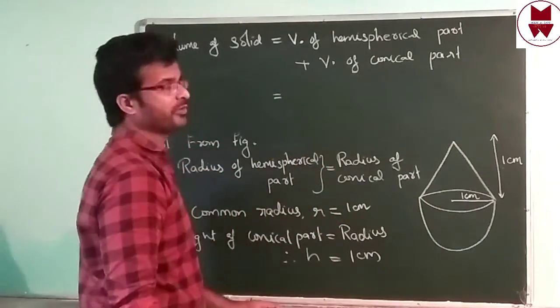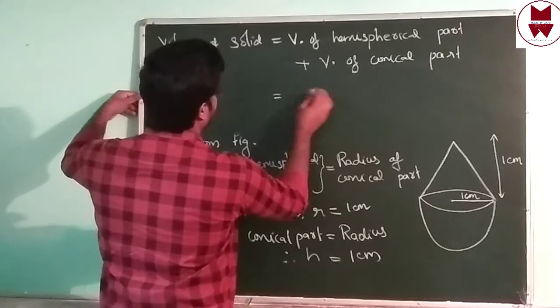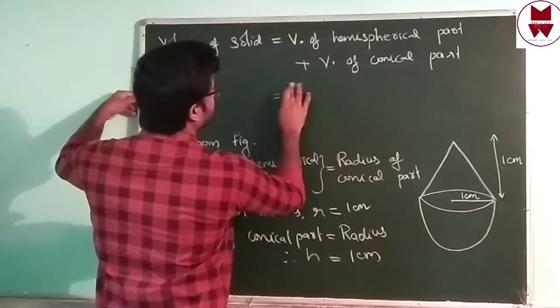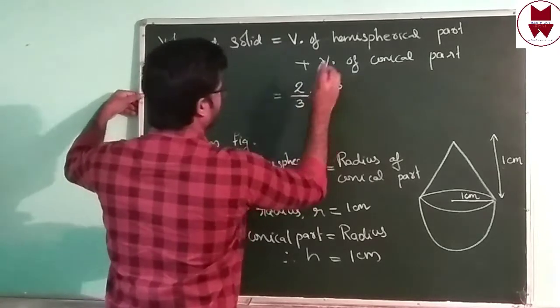Equal to volume of hemisphere. What is volume of hemisphere? Already you have studied that formula. 2 by 3 pi r cube.